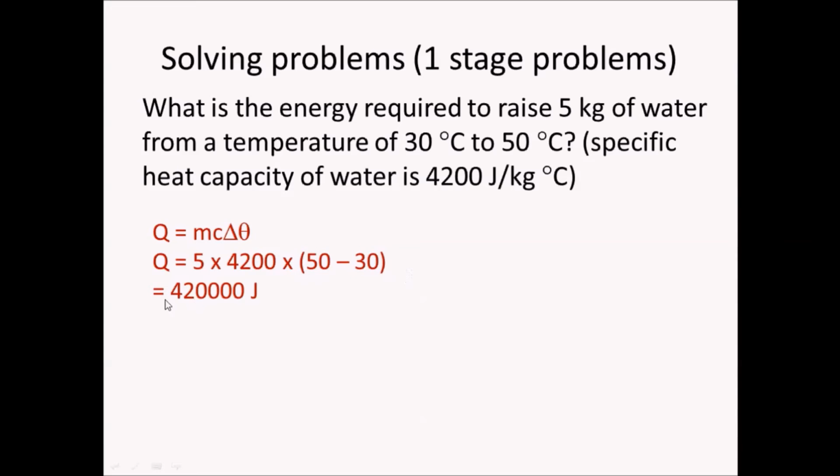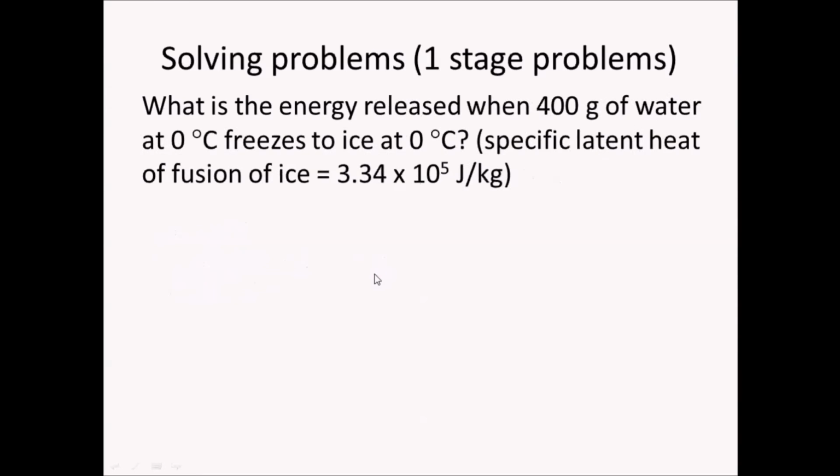If not, you will have a minus sign, which is very strange. I repeat, Δθ has to always be positive, so use the larger value minus the smaller value. I hope you got this answer correct. Let's move on to the next question. What's the energy released when 400 grams of water at 0 degrees freezes to ice at 0 degrees?